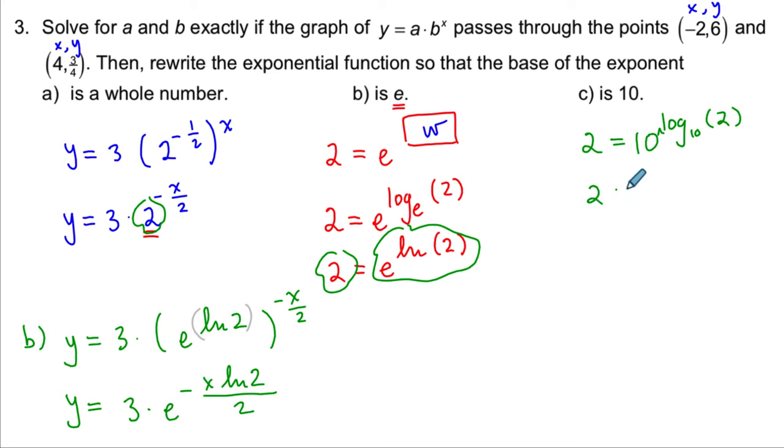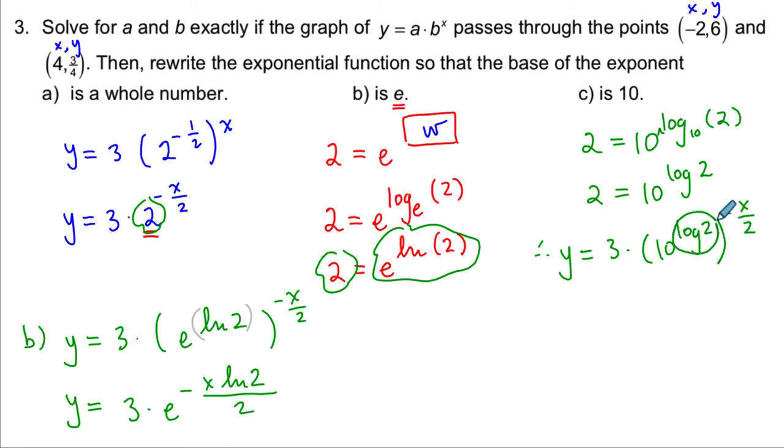So I can rewrite this a bit more simply because the base 10 is the common log and I don't need to express the base. So I can take that expression and replace it for the 2 over here, which says that y is equal to 3 times 10 to the log 2, all to the exponent of negative x over 2. And again, I have an exponent here and an exponent outside the brackets.